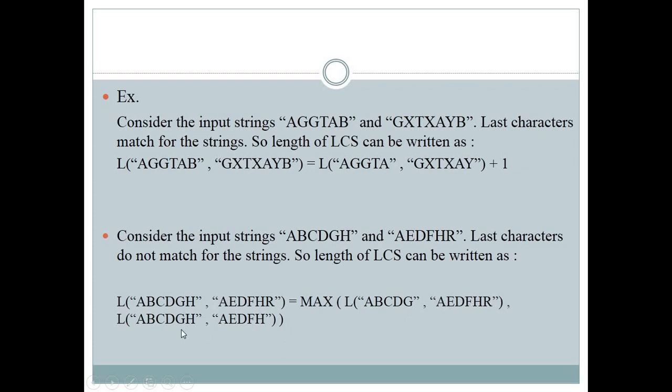And another case is we will find the longest common subsequence from these two strings, but in the second case we will discard the last character of our second sequence. Okay, so this will be the longest common subsequence. So this is an example for it.